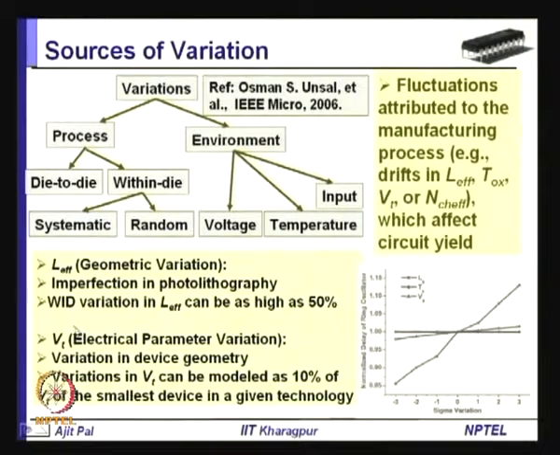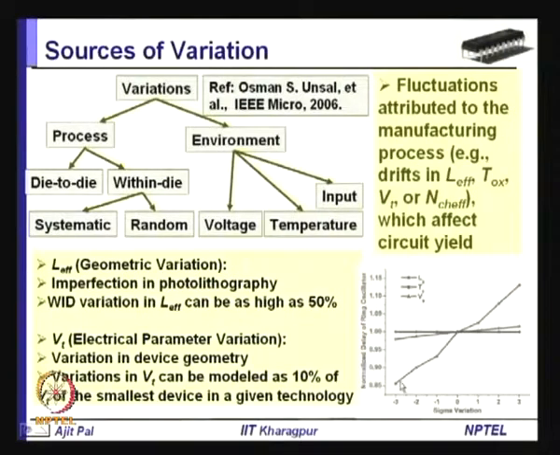And threshold voltage variation, that is your electrical parameter variation, also occurs because of variation in device geometry, and variation in Vt can be modeled as 10% of the Vt of the smallest device in a given technology. So, we find that various physical parameters are changing: channel length, thickness of the silicon dioxide, doping concentration, and so on, but simulation results have shown that the variation of the channel length is the widest.